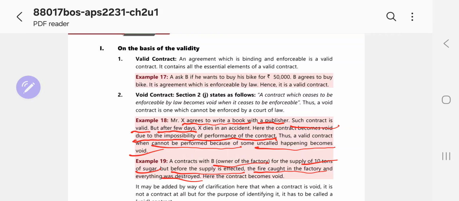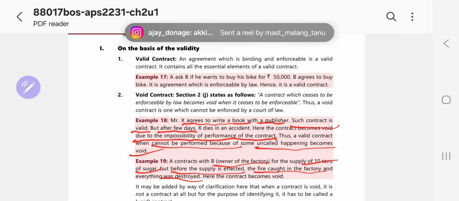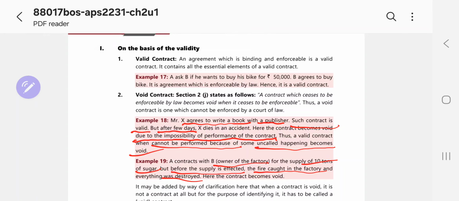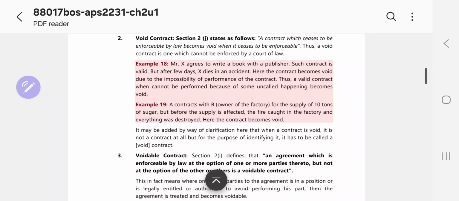Here the main object, the sugar, for which the parties have entered into a contract, caught fire and was destroyed. If there is no supply of sugar, then there is no contract. Then the valid contract has become a void contract due to some unexpected happenings or events.